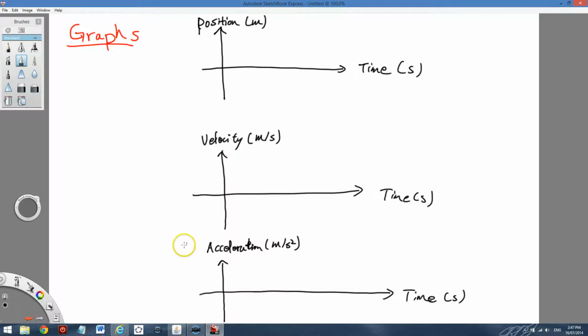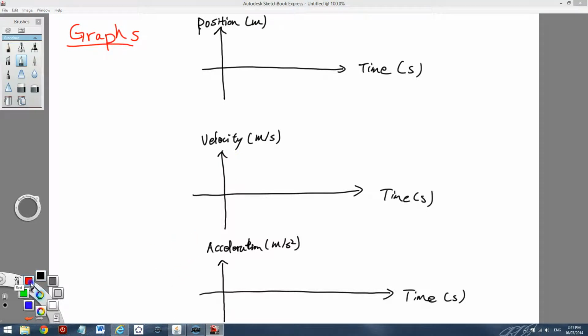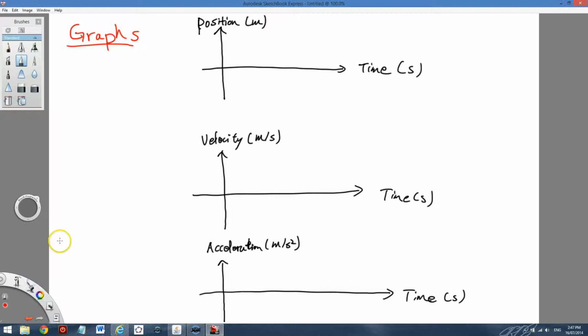So, for example, let me use the previous example.